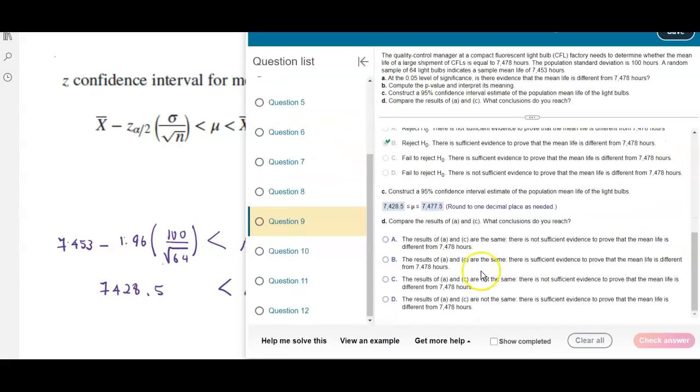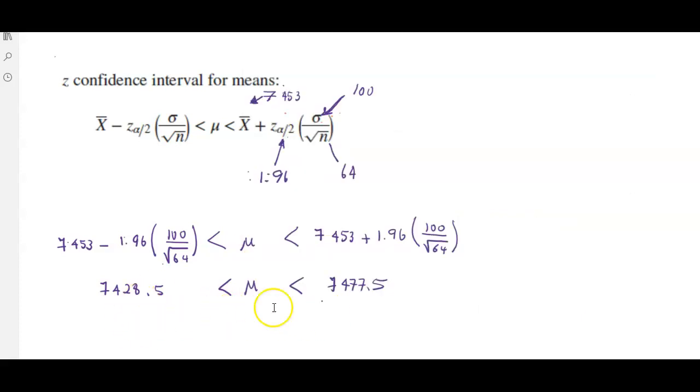And the last part is you want to compare the result between A and C, and that's basically the cutoff, where the mean is going to be in between.